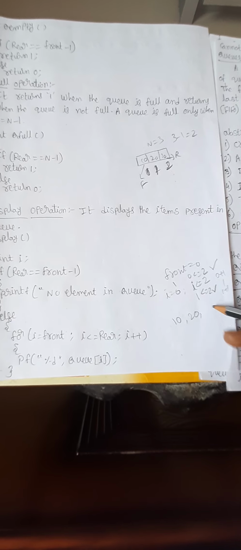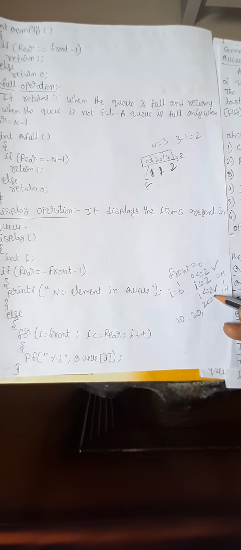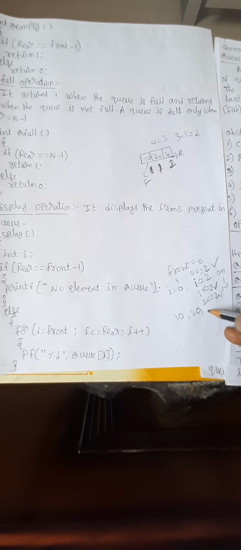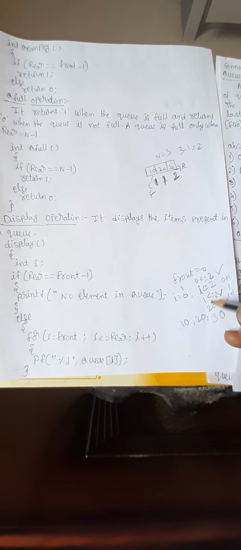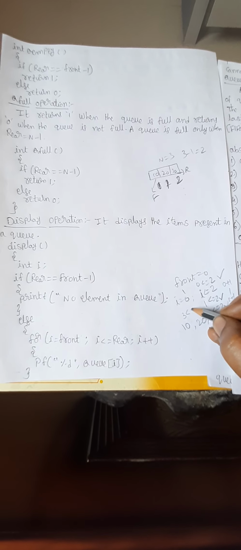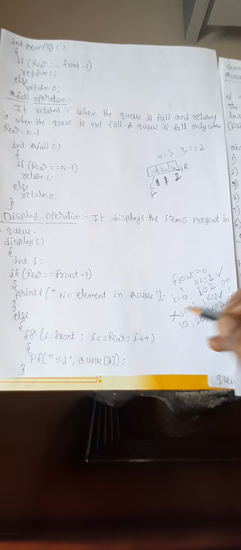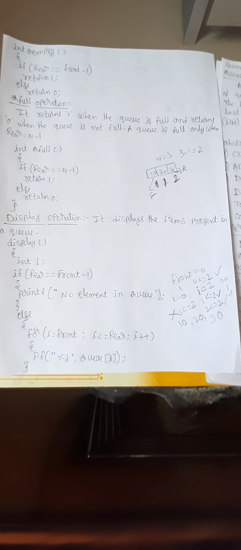Again i is incremented, 1 plus 1 becomes 2, and 2 less than or equal to 2 is true, so it prints the third element: 10, 20 and 30. Again i is incremented and becomes 3. 3 less than or equal to 2 is false, because we have already displayed all 3 elements.